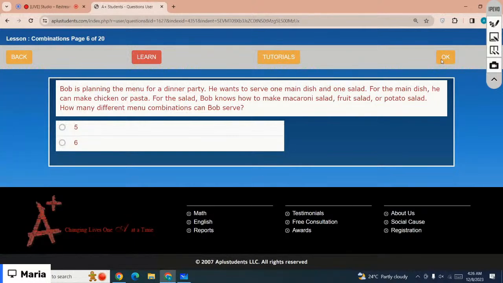Bob is planning the menu for a dinner party. He wants to serve one main dish and one salad. For the main dish, he can make chicken or pasta. For the salad, Bob knows how to make macaroni salad, fruit salad, or potato salad. How many different menus or combinations can Bob serve? Which is the correct option?